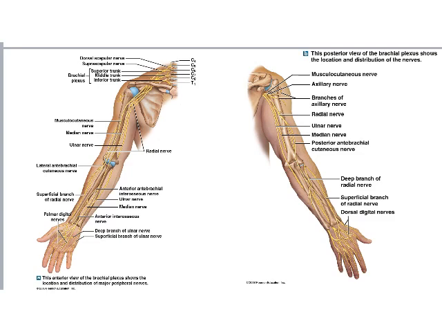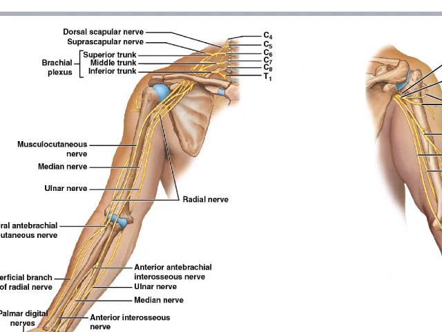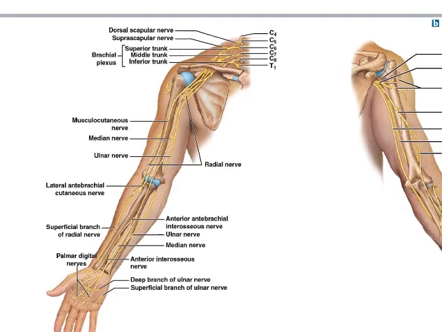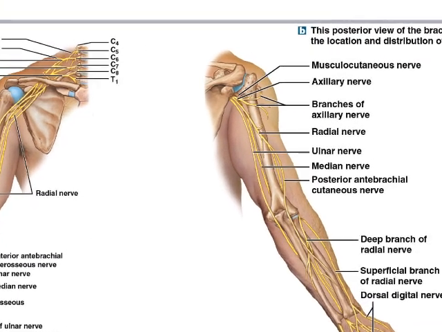So let's start with, let's see if we can find the axillary nerve. Maybe it's not on this picture. Let's see. Maybe it's on the posterior. Yeah. Okay, so the axillary nerve, remember, is going to innervate teres minor and the deltoid muscle, and it's going to give you sensation to the shoulder. So if you understand the function, it should help you locate it on a model or on a picture, right?